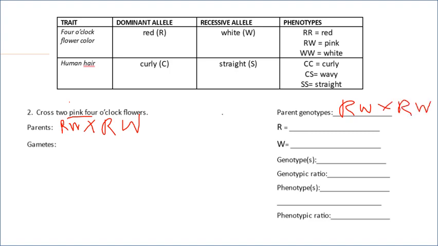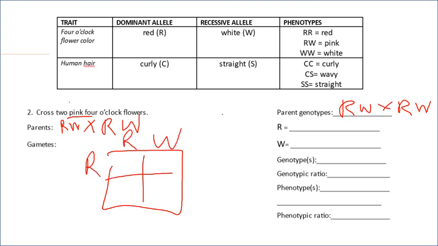So make that Punnett square, RW, RW, and I would drop these down: RR, RW, RW, and WW.